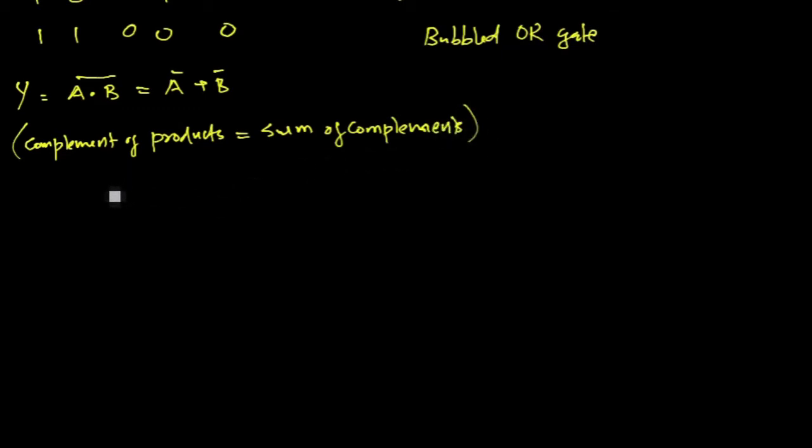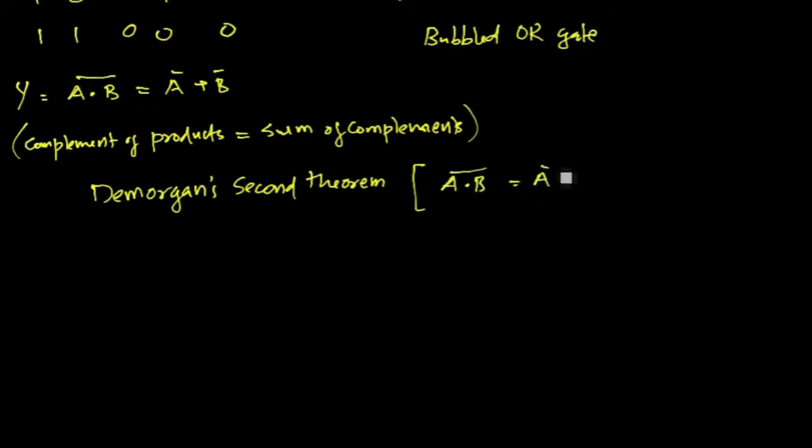This is called De Morgan's second theorem. De Morgan's second theorem states that (A and B) all complement is equal to A complement or B complement.